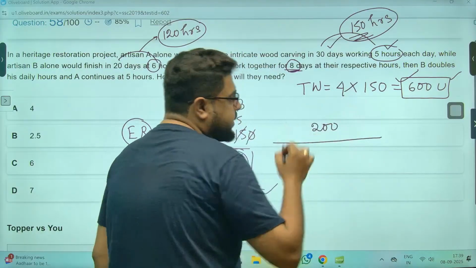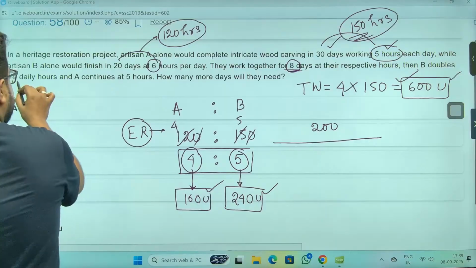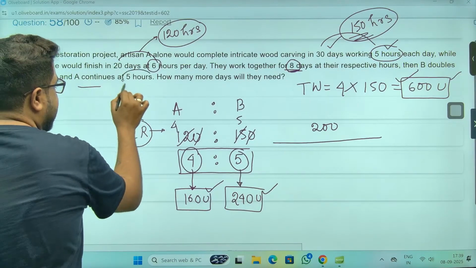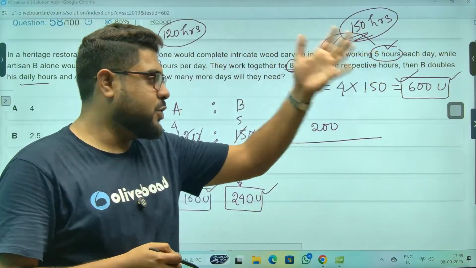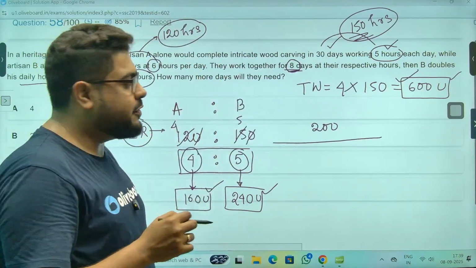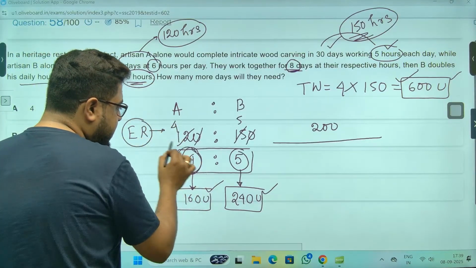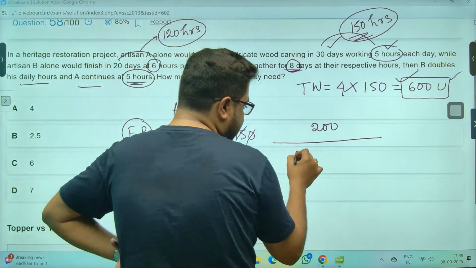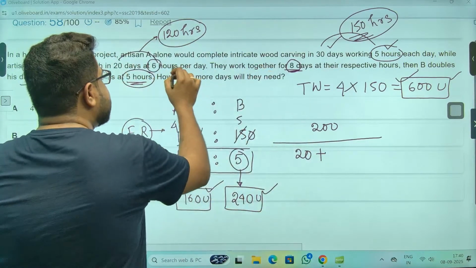Now who will do it? Then B doubles his daily hours and A continues at 5 hours. How many more days they will need? I don't know how many days, we'll figure it out. Sir, let's figure out every day's efficiency. A continues to work 5 hours at 4 units per hour, so A will do 20 units every day.